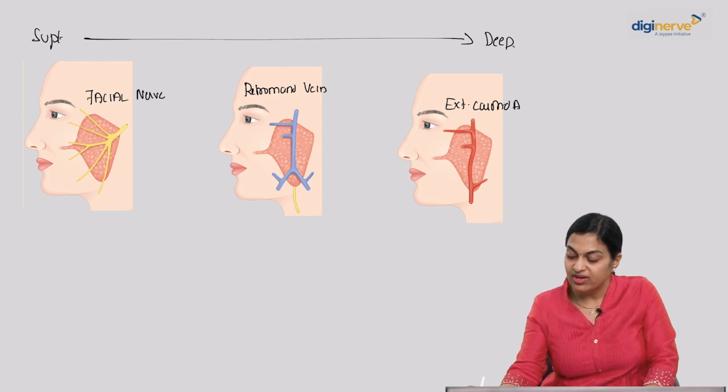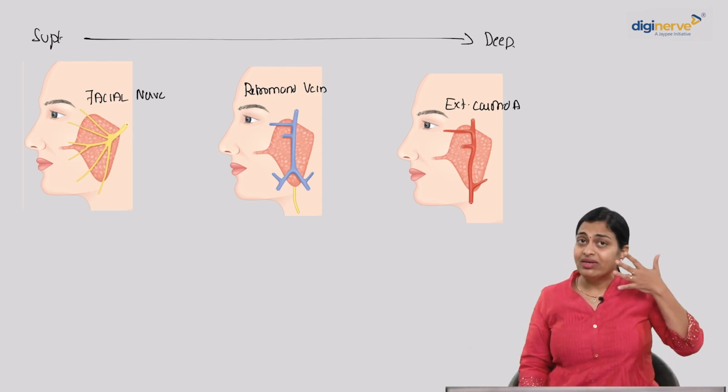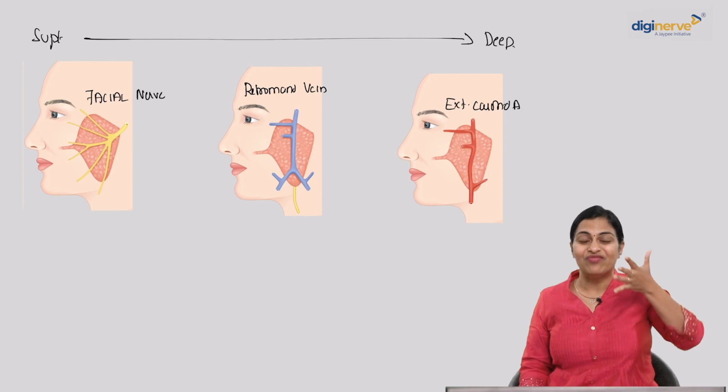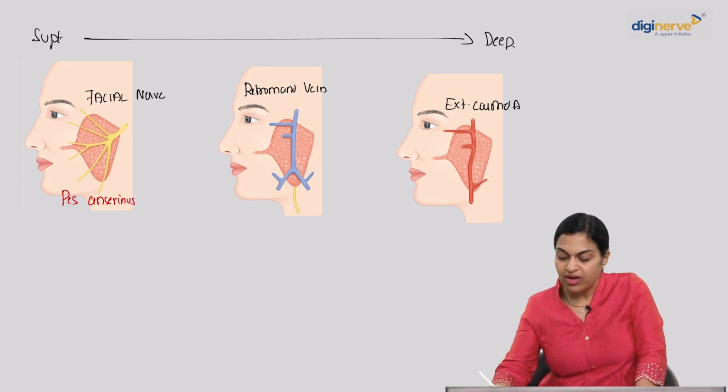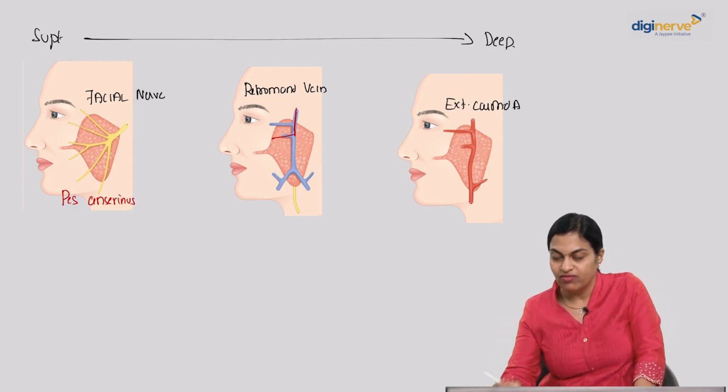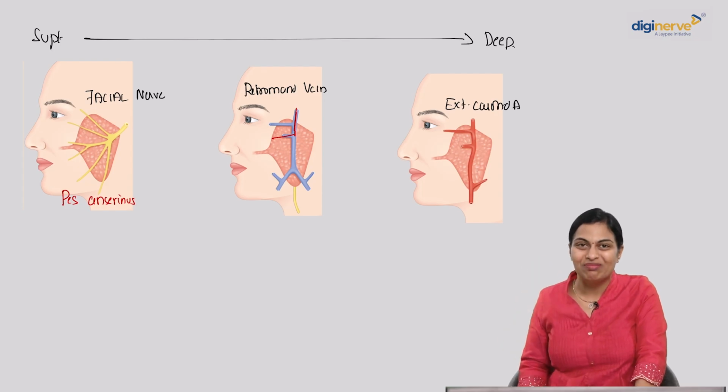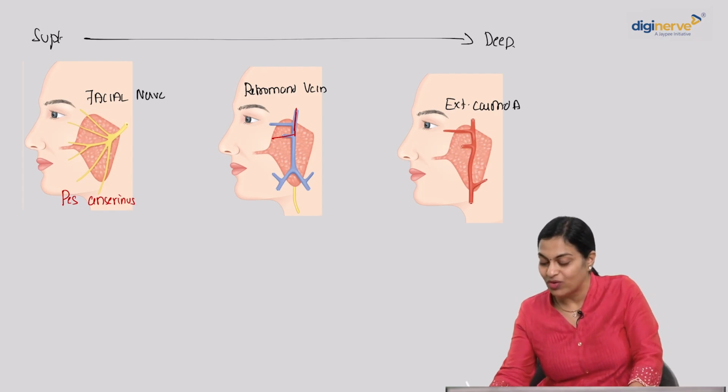So this facial nerve, we have seen that it enters the parotid gland, it divides into its 5 terminal branches over the face, which we call the pes anserinus pattern, right? The retromandibular vein is formed by the union of the 2 terminal branches of the external carotid artery. What are they?